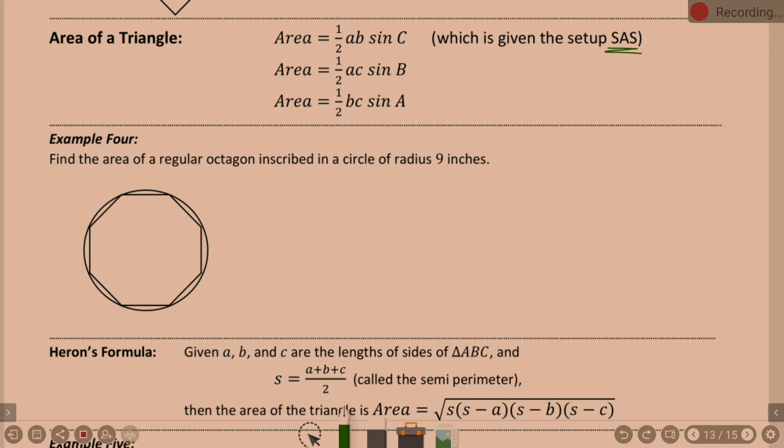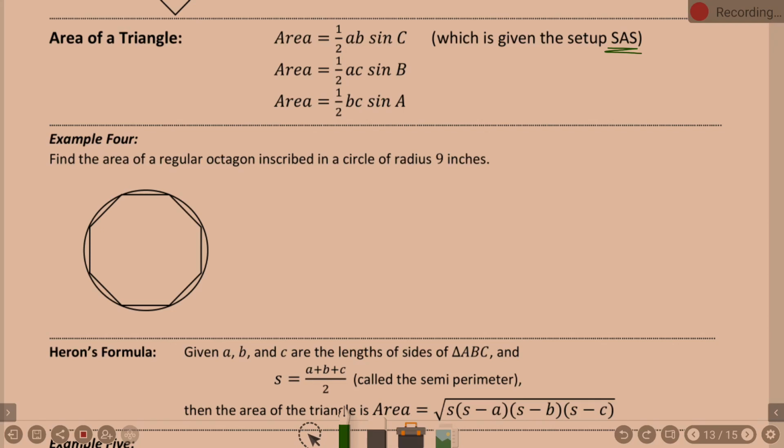So if you know 2 sides and the angle in between them, you can use this. Again, I wrote out all 3 different formulas, but really it's all the same formula just with different variables. The area is 1/2 times the side times the side times the sine of the angle in between. So it's purely based on the side angle side setup.